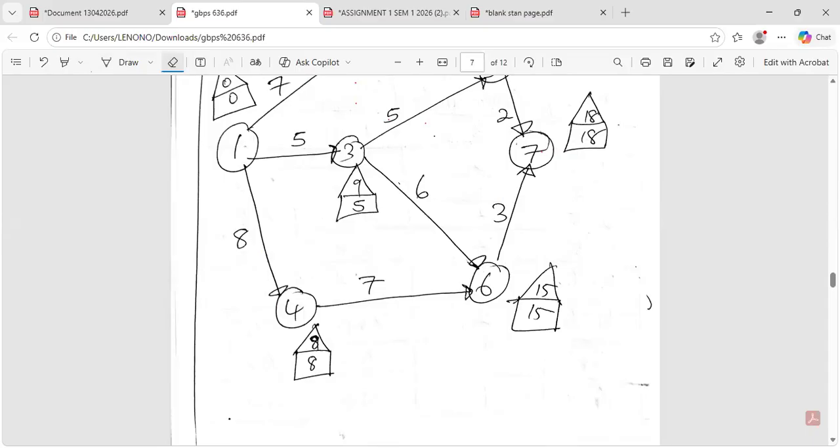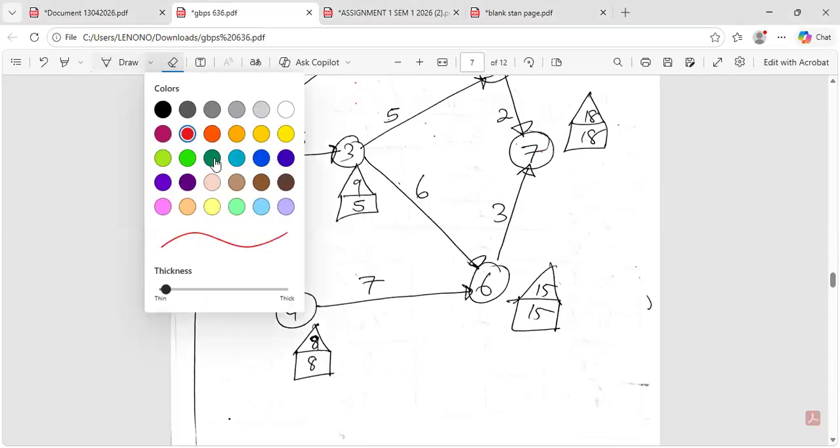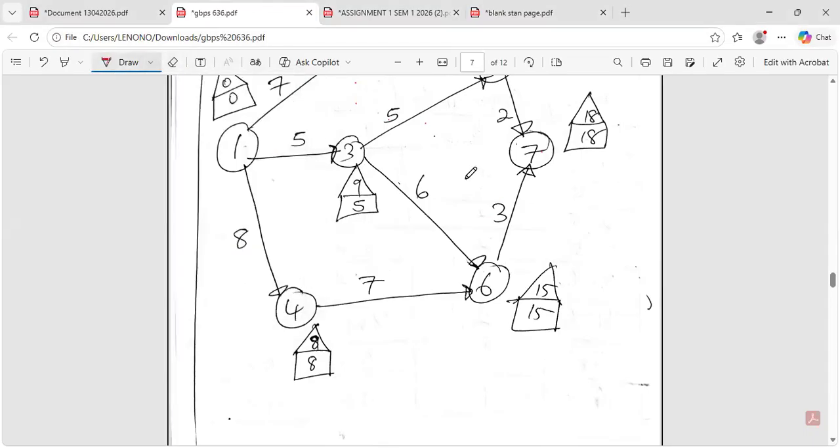Okay. So this is about what is happening concerning the network diagram.